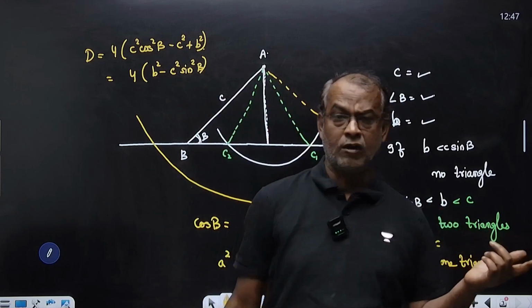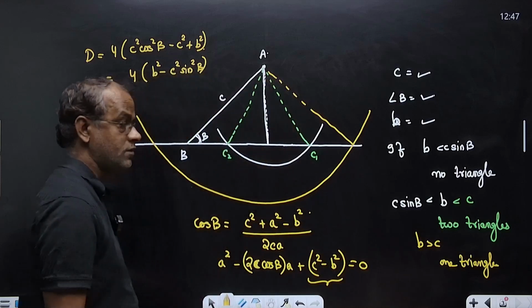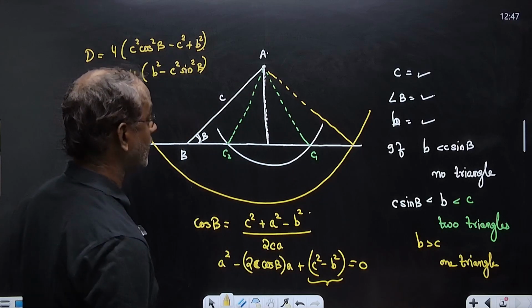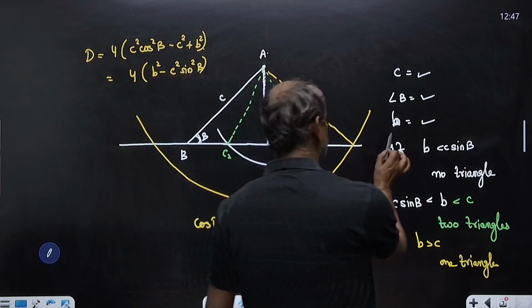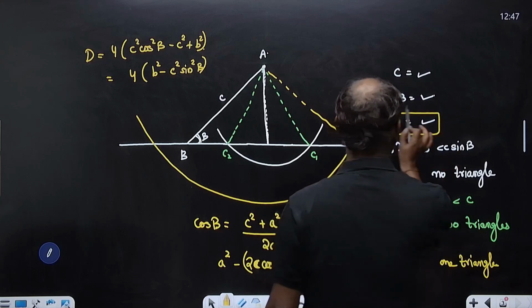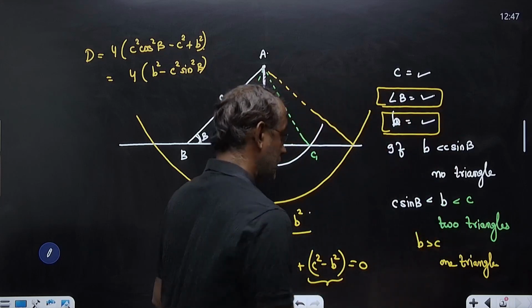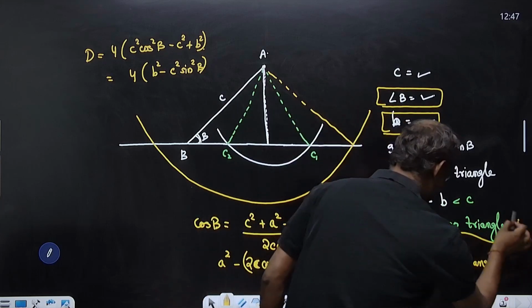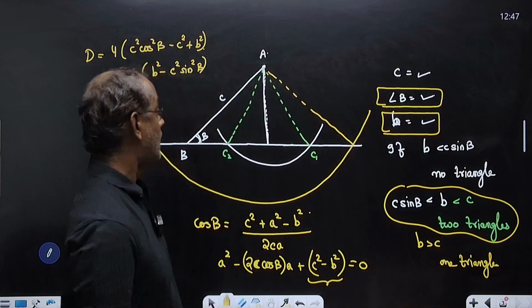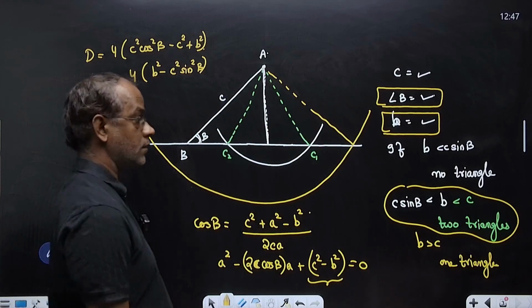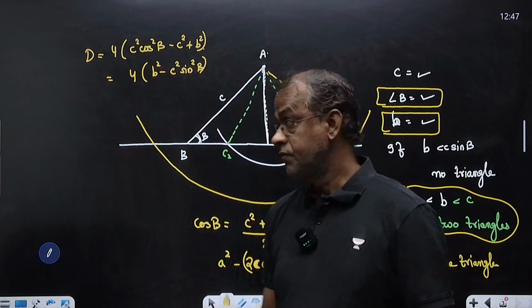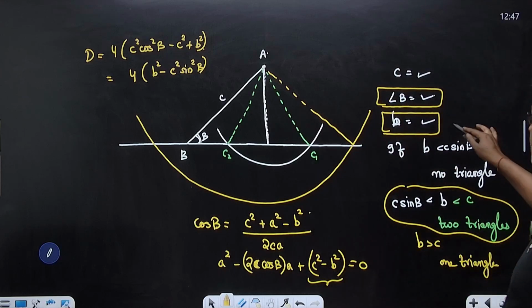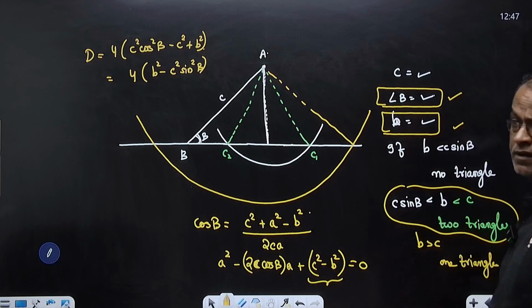Side of a triangle cannot be negative. So therefore, this is the situation. Sometimes you are given side b and angle B. In this case, the two triangles that you are getting, you can understand b is given, angle B is given.